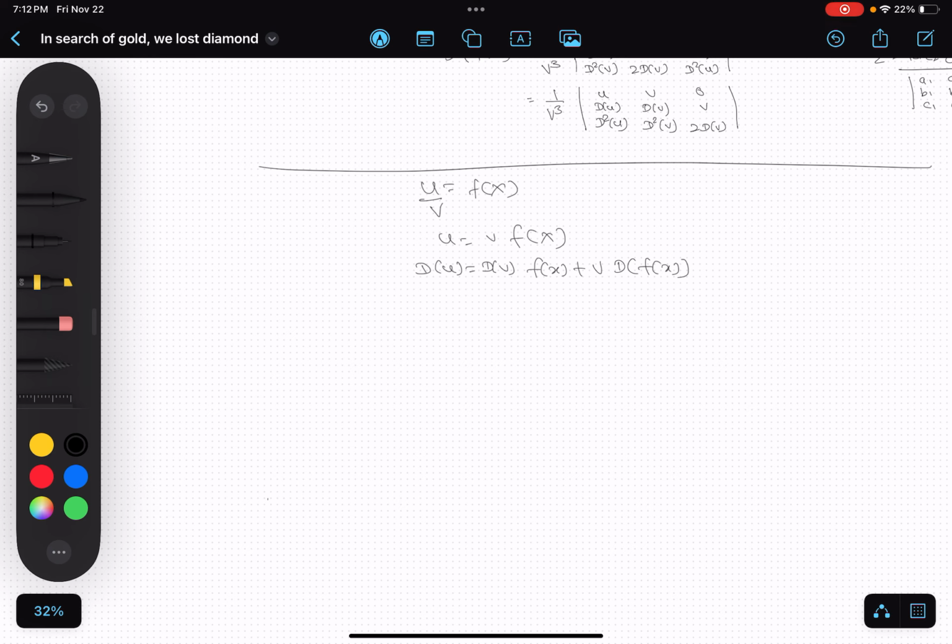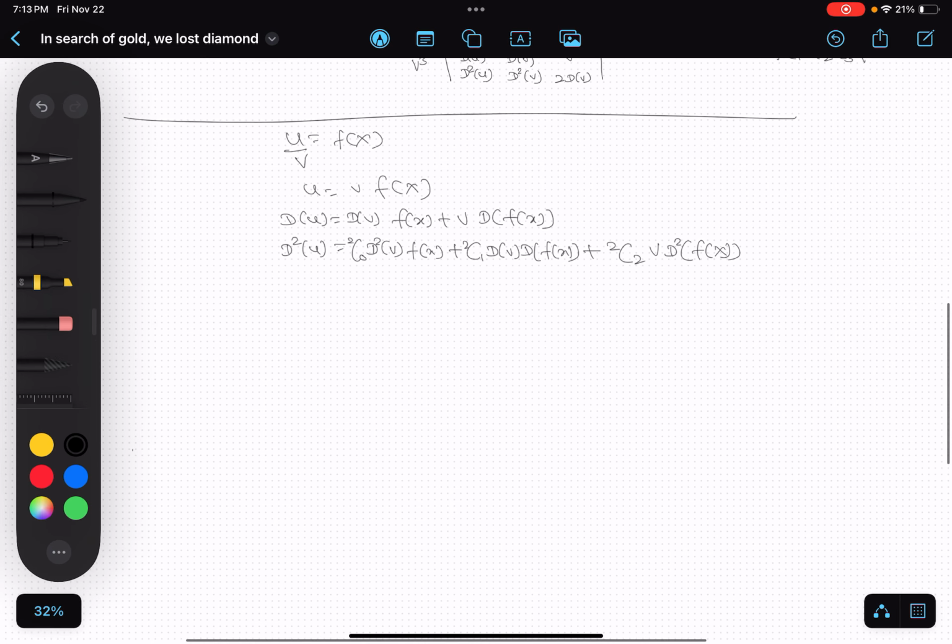Now if I take the second derivative, the second derivative of u is equals to, over here, 2c0, which is just 1, times the second derivative of b, nothing of f. Let me write the numbers as well. So 2c0, second derivative of b, nothing of f, and then 2c1, first derivative of b, first derivative of f of x, plus 2c2, nothing of b, second derivative of f of x, right? Okay, now if I want to find the third derivative, there will just be the third derivative of u.